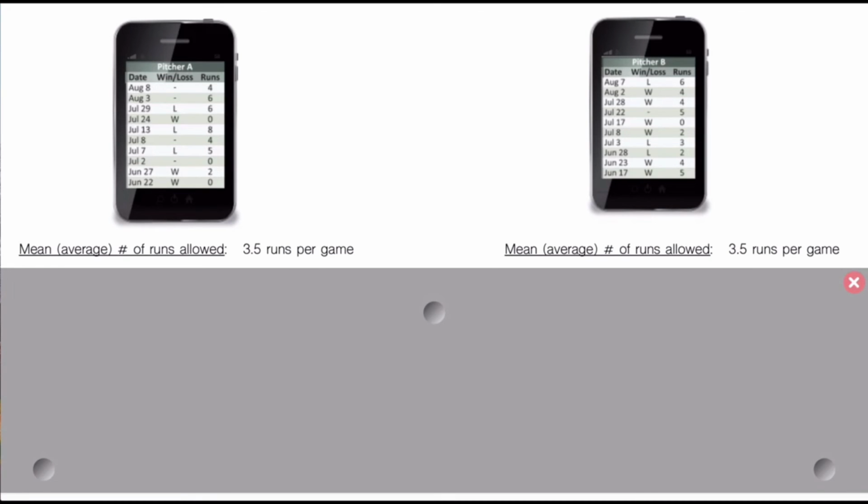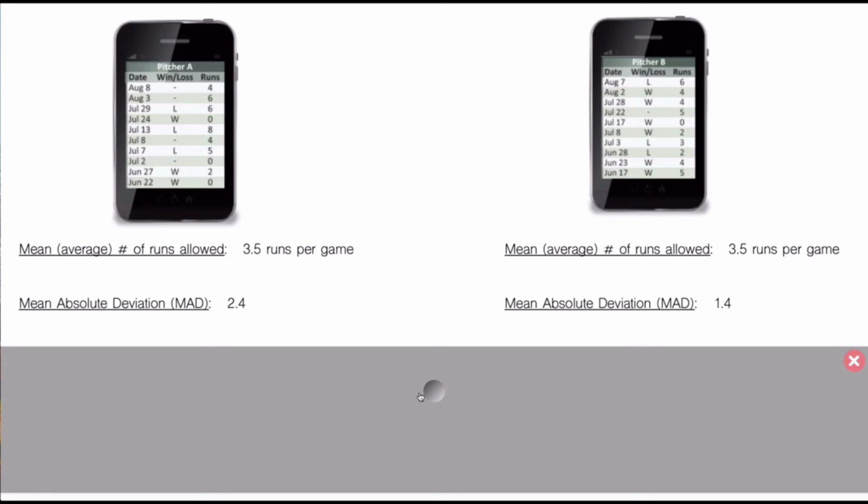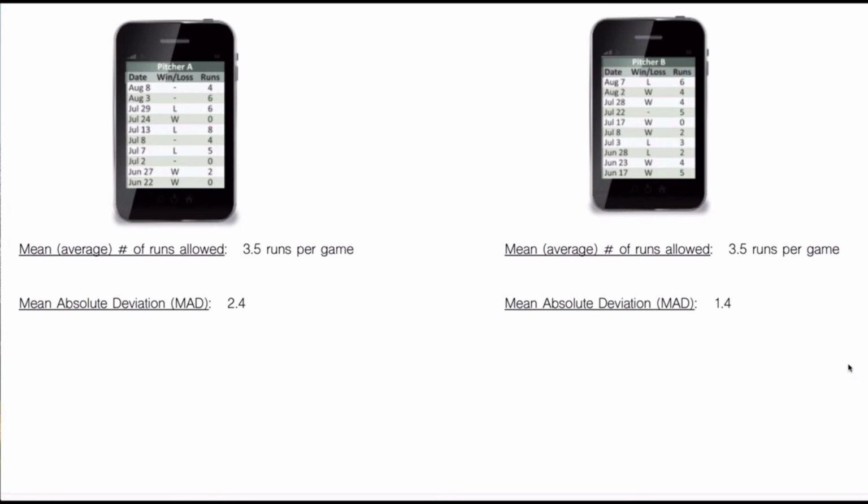So I also went ahead and calculated the MAD for each pitcher, and what I found was that pitcher A had a MAD of 2.4, whereas pitcher B had a MAD of 1.4. And since pitcher B had a lower MAD, that indicates to me that pitcher B has less variation, aka pitcher B is a little more consistent.